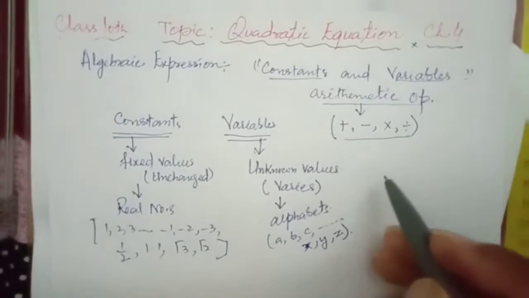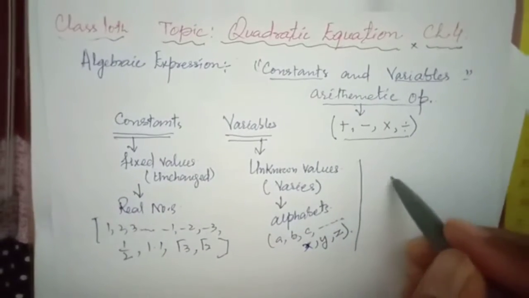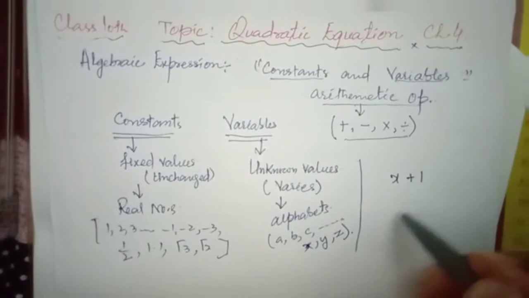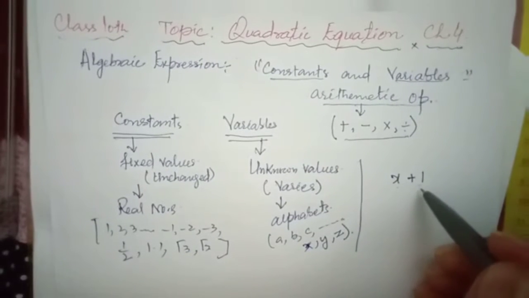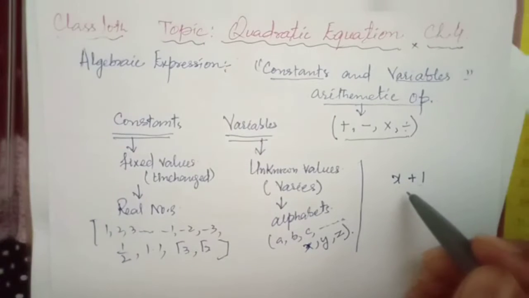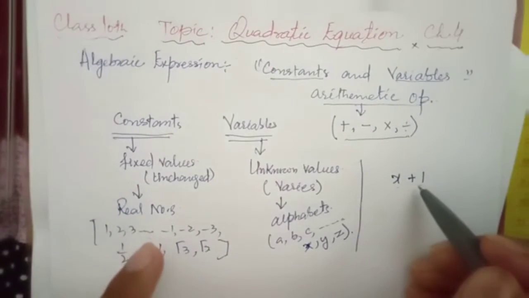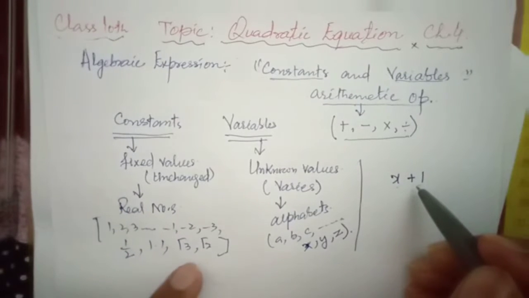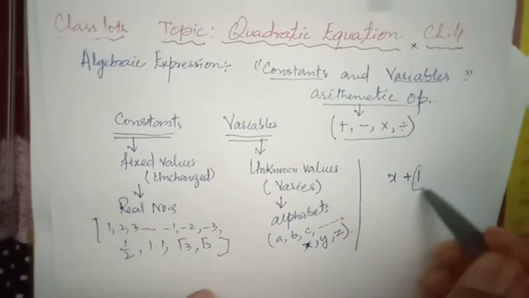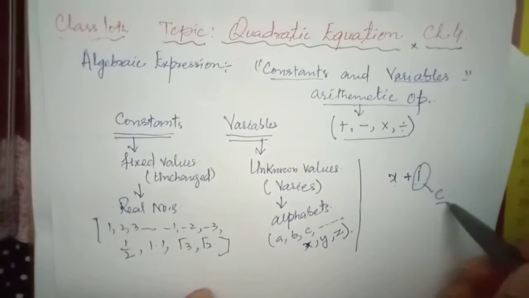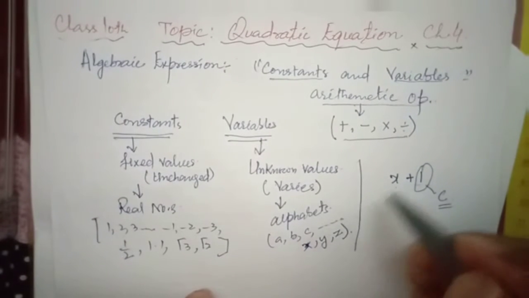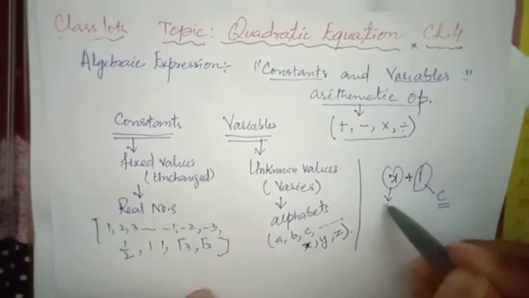So I will give you an example once again. I will write x + 1. What is this x + 1? This is the combination of constant and variable, because as I earlier told you, in any expression, when you see any real number, you should understand that is the constant. So here it is the constant. And when you see any English alphabet, that is the variable.